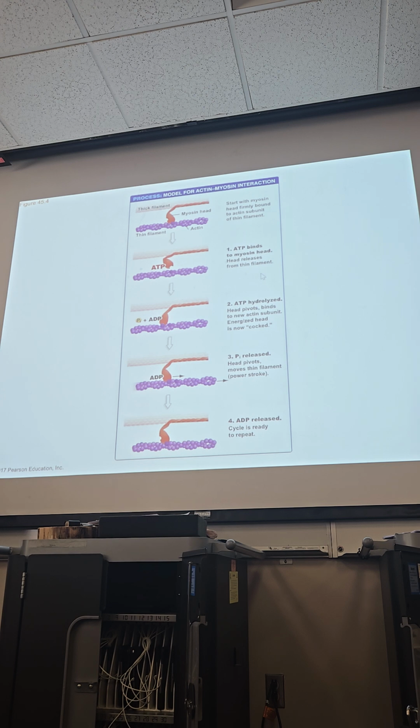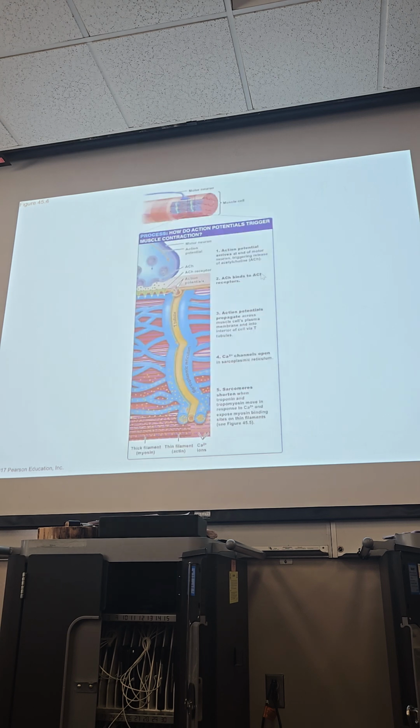ATP hydrolyzes and catalyzes the cocking motion to move forward and slide, releasing it from the binding. So what happens? A motor neuron is fired. An action potential is sent out in the axon. That axon is going to release acetylcholine. That's going to bind, causing the SR to depolarize, releasing calcium.